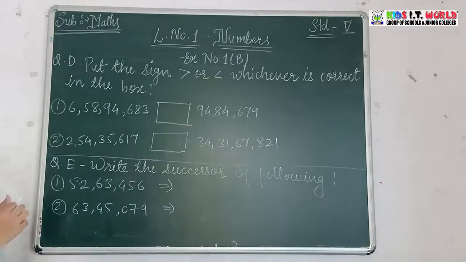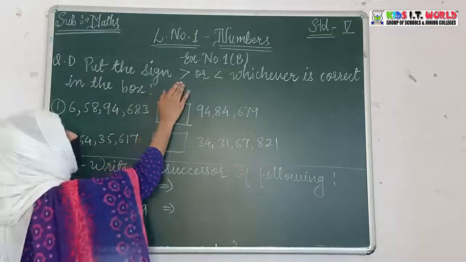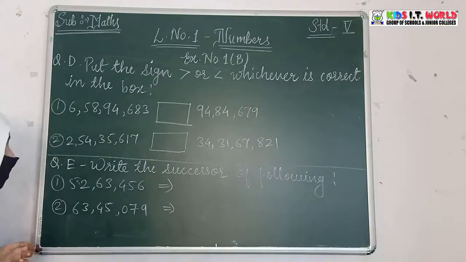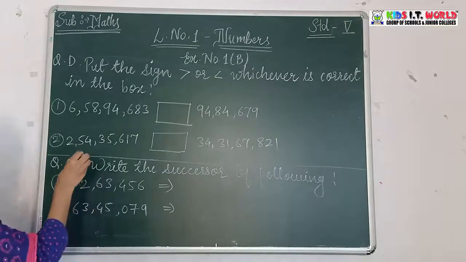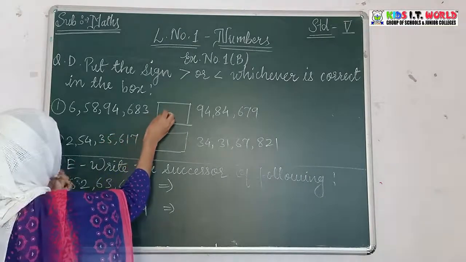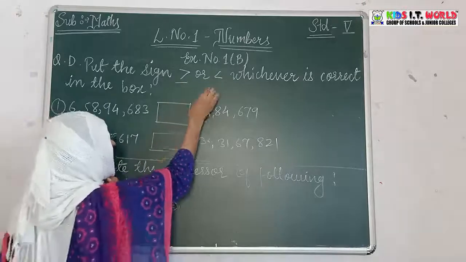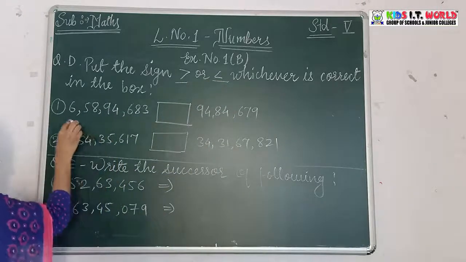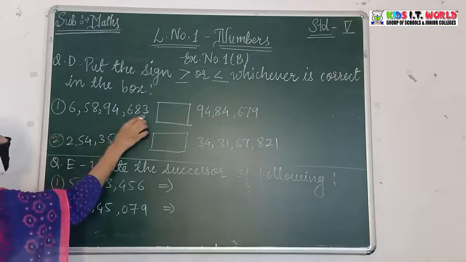So here the next question is put the sign greater than or less than, whichever is correct, in the box. Means you have to write the sign in this box which is suitable here. So this is the sign of greater than and this is the sign of smaller than. So here the first number, count from the ones.